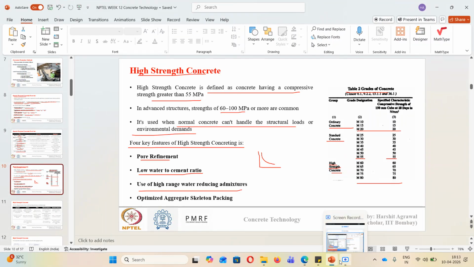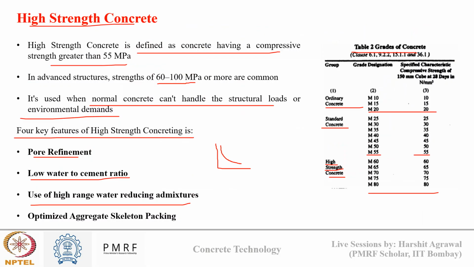Okay, so as I was saying, there are four key features of high strength concrete. First is pore refinement. Lower is the porosity, higher is the strength. Second is the lower W by C ratio. As we reduce the water to cement ratio, again strength increases. Third is the use of high range water reducing admixtures, because they decrease the water demand for achieving a particular workability, and thus they help us to increase the strength.